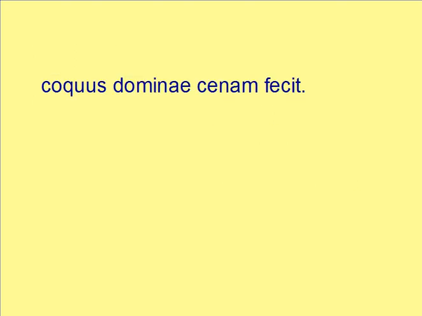Coquus dominae cenam fecit. Here's my subject, my verb. I see again an AM accusative ending to indicate to me my direct object. And now I see an AE ending on dominae, and I know that that is the dative ending for the feminine. So I know this word is dative.